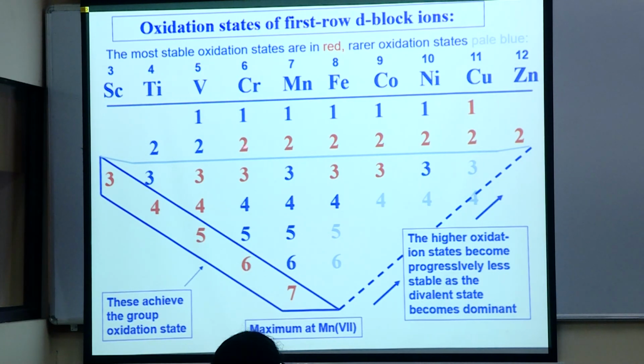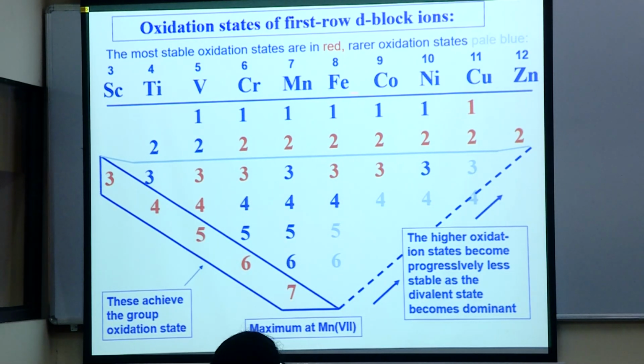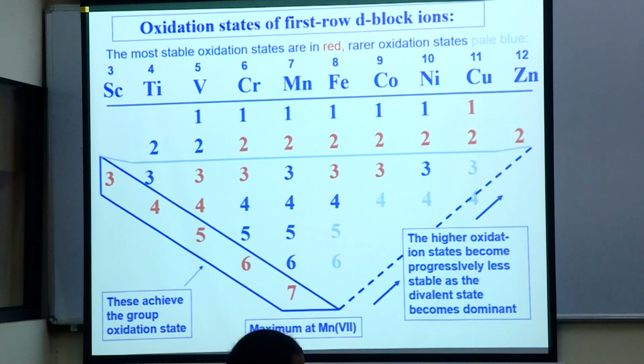Chromium 3 plus is stable, but these are the most stable ones. In the case of copper, +1 is also stable, and in the +1 state there are stable compounds. Cuprous chloride is very stable, but it has to be kept away from moisture and oxygen, otherwise it will get oxidized.